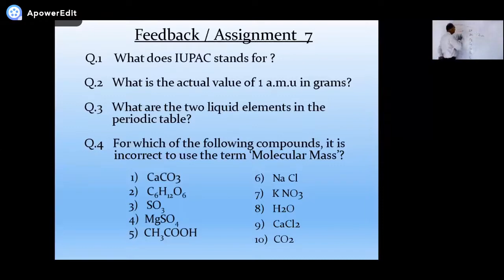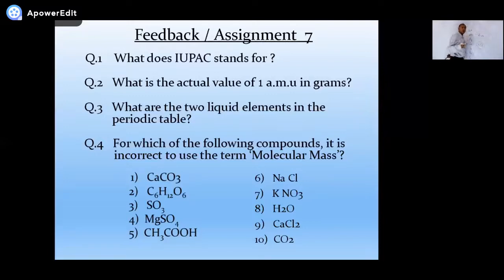So whenever you see these elements in the compound, for example, if I ask, is this a molecular compound or an ionic compound? You say, oh, potassium is here. Sir, it's an ionic compound. If I say it's molecular mass, sir, you don't know chemistry. It's not a molecule, so its mass can't be called molecular mass. It should be called either formula mass or molar mass.